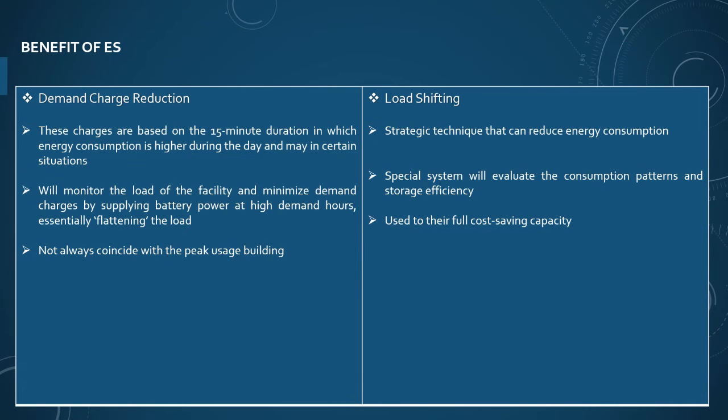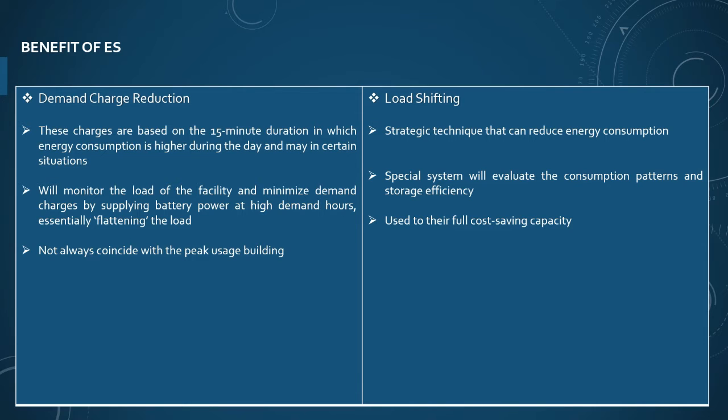Another benefit of energy storage is demand charge reduction. These charges are based on a 15-minute duration in which energy consumption is highest during the day. Energy storage devices, in particular those combined with intelligent software, will monitor the load of the facility and minimize demand charges by supplying battery power at the demand hour, essentially flattening the load.